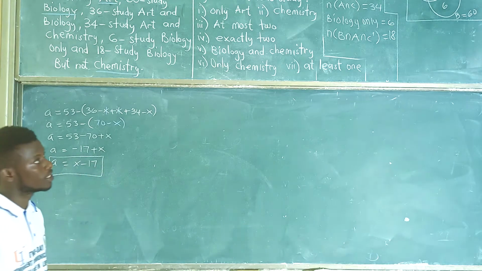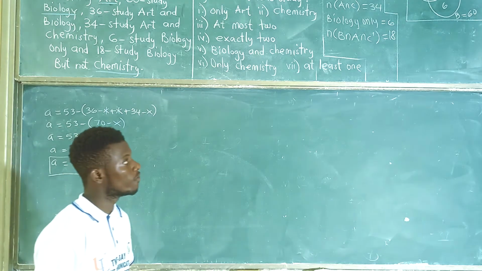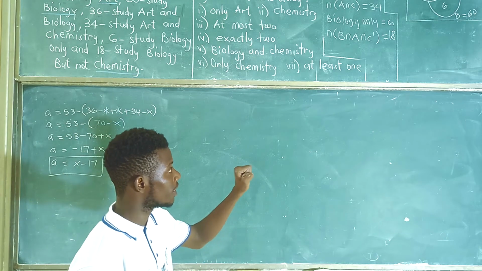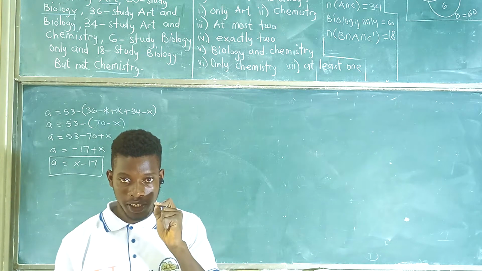You don't know the value for x. Now, we keep this equation and then move on to the equation for biology. Let's look at the biology circle. For biology, the number of students that study only biology is 6.